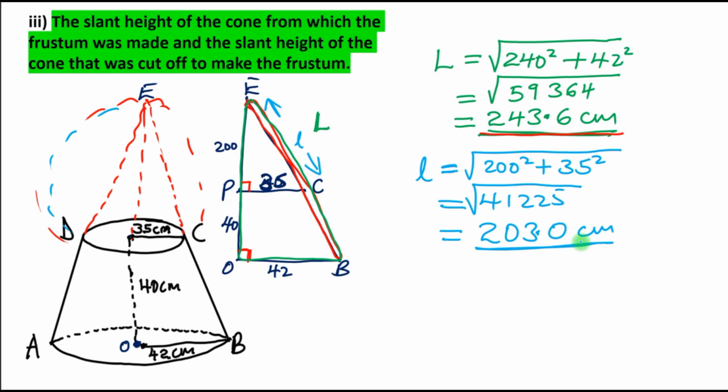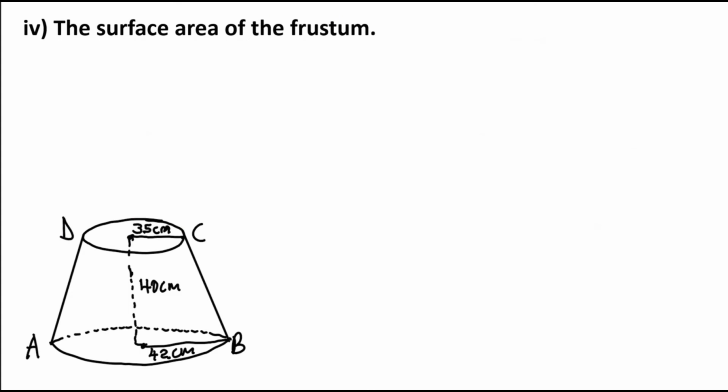Now, the last part we need to look at is the surface area of the frustum. Since this is a solid frustum, we have to include the top circular part, the bottom circular part, and the curved surface.